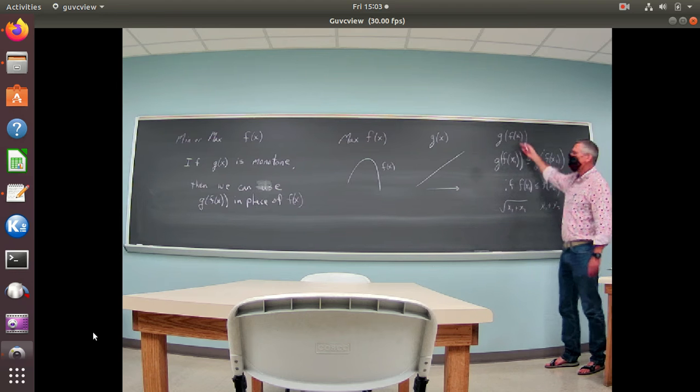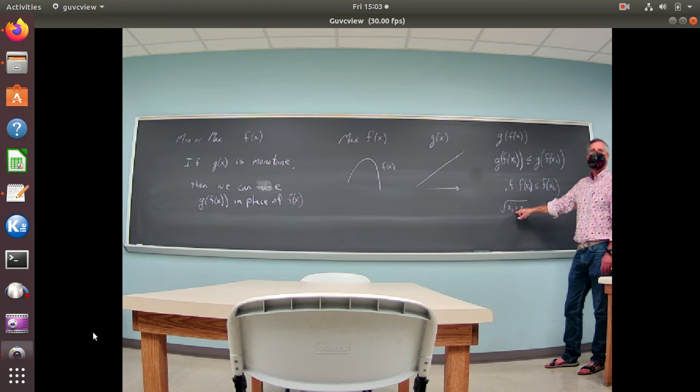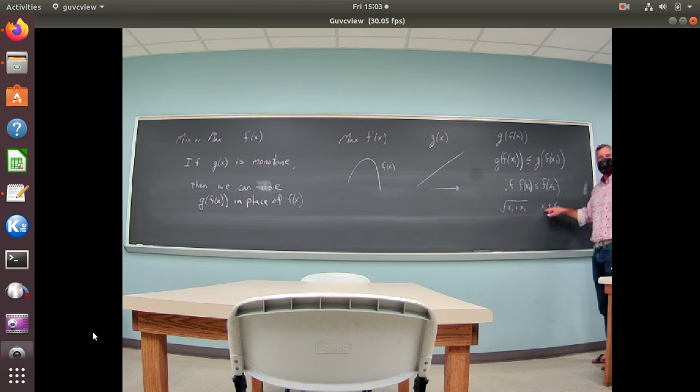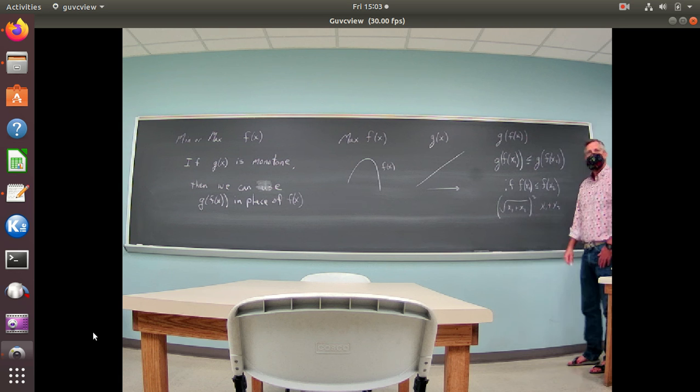And so that's where this comes in: if I want to maximize the square root of x1 plus x2, that's going to occur at exactly the same x1 and x2 as the maximum of this. Because what did I do? I squared it. And if that's bigger in there, that's got to be bigger because the x squared function is an increasing function.